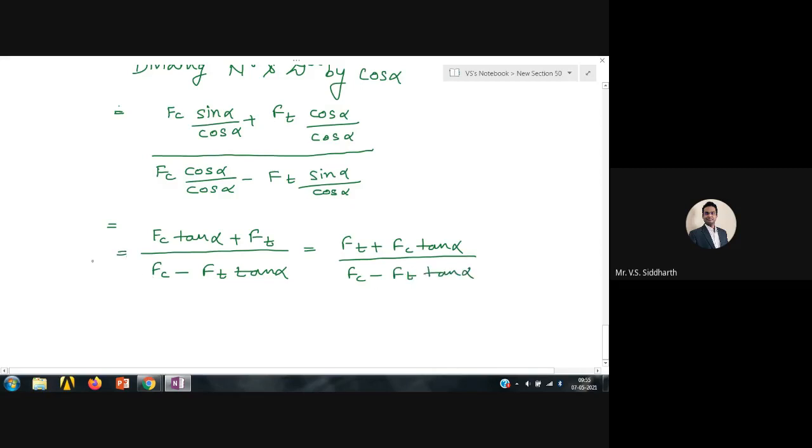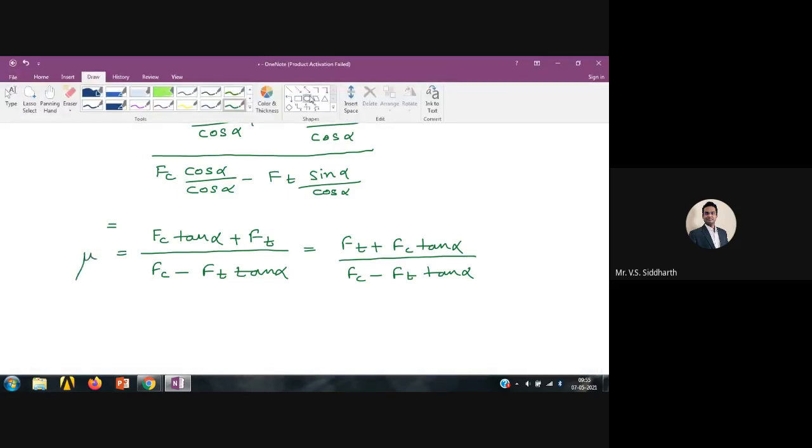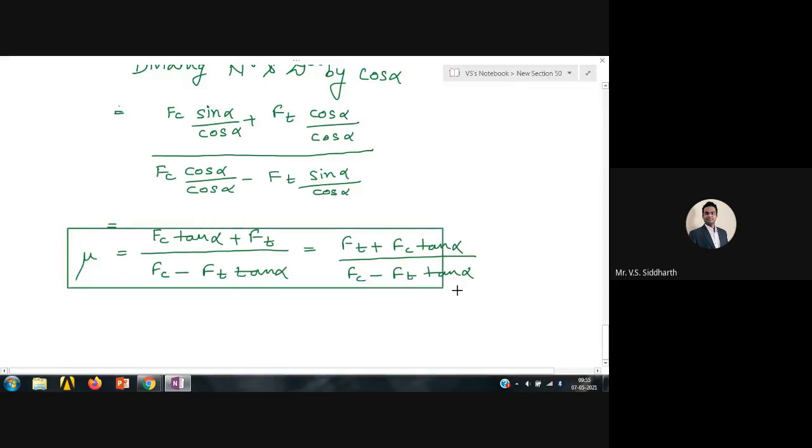If you want to calculate the coefficient of friction mu, this is how you will be deriving all the formulas when asked for Merchant circle.